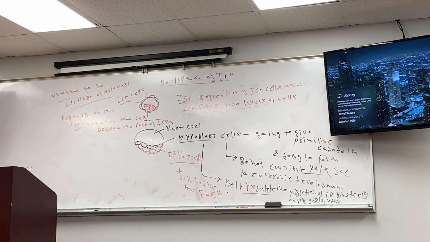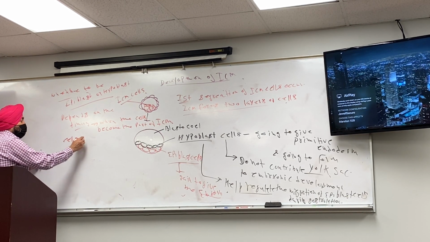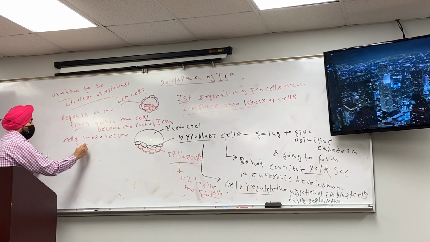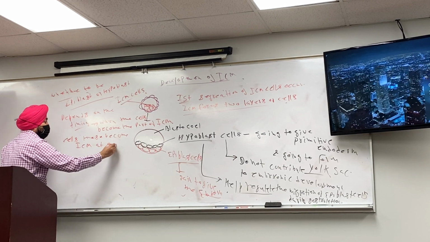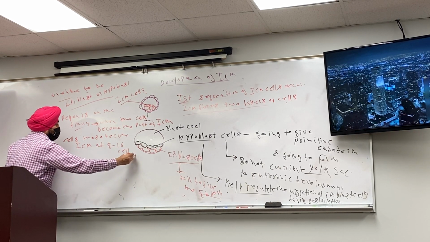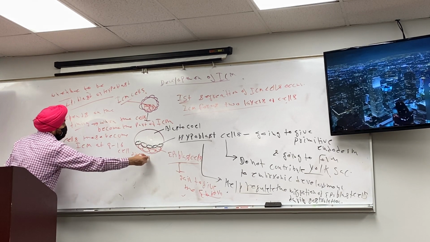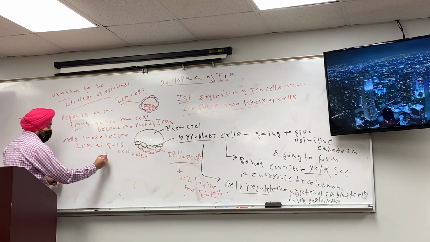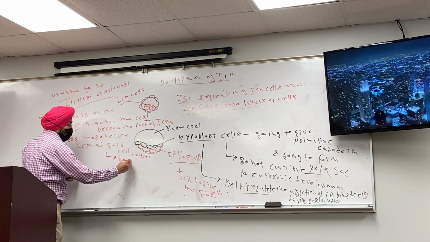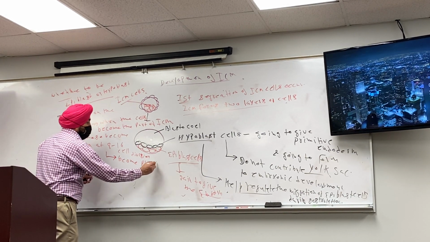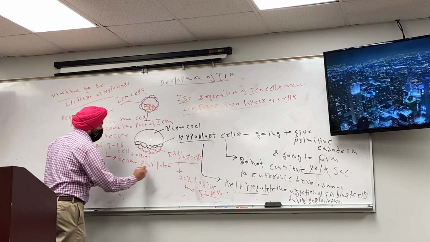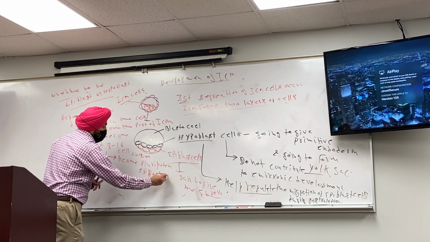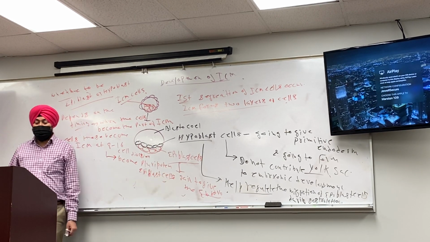Okay? So the cells that become ICM at the 8 to 16 cell division become pluripotent epiblast cells.